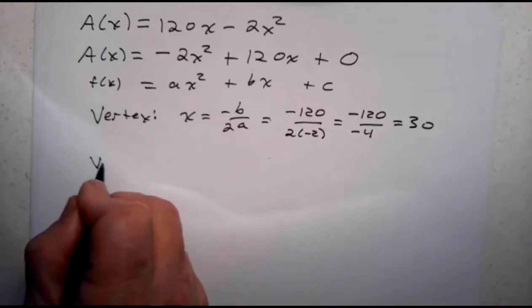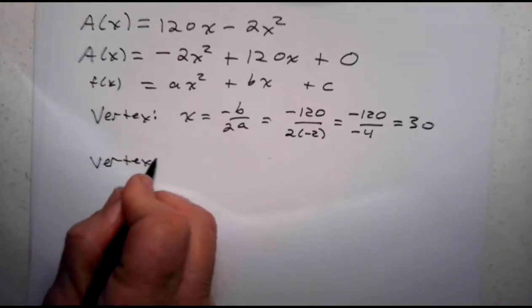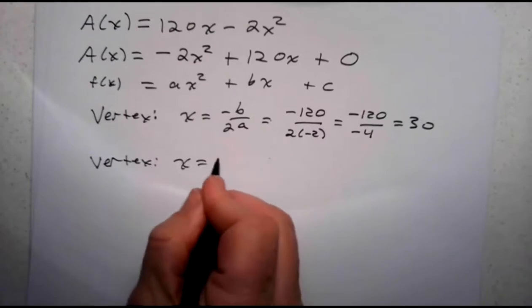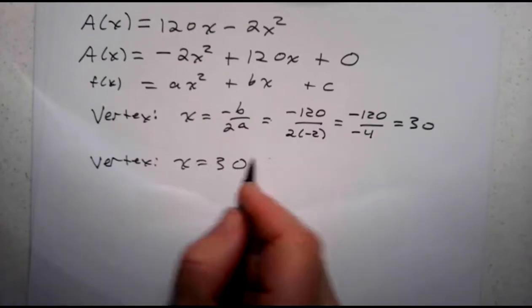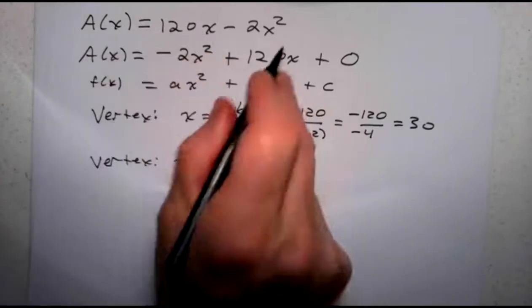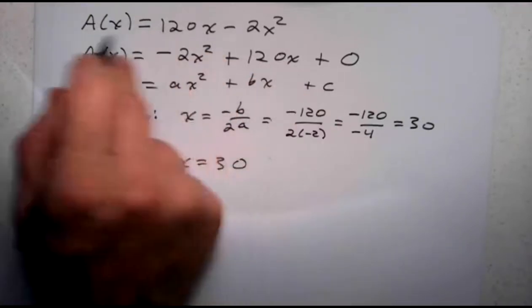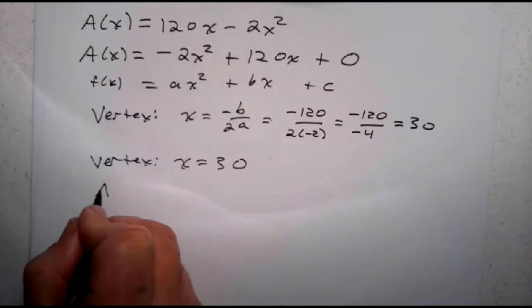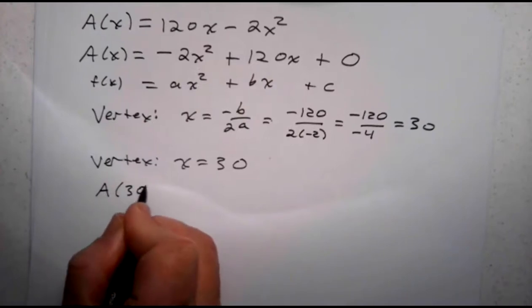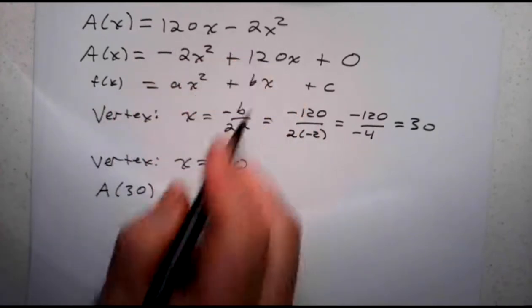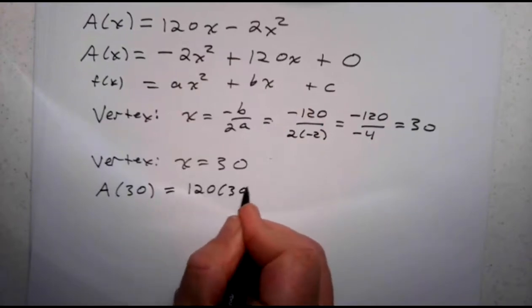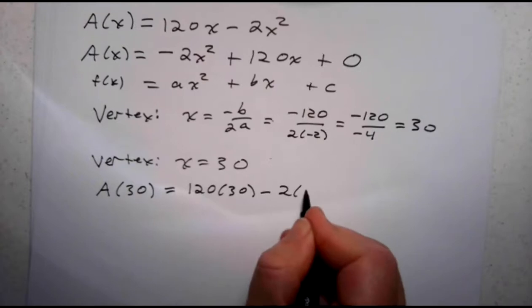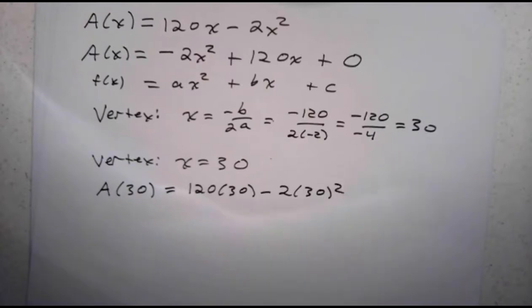So the vertex occurs at x equals 30. Well, that should be the point that gives us maximum area. So if I plug that in, what is the area when x equals 30? Plugging 30 into that equation, we get 120 times 30 minus 2 times 30 squared is what we're looking at there.